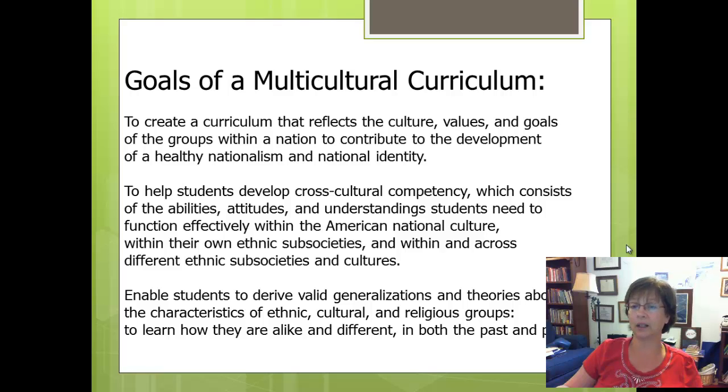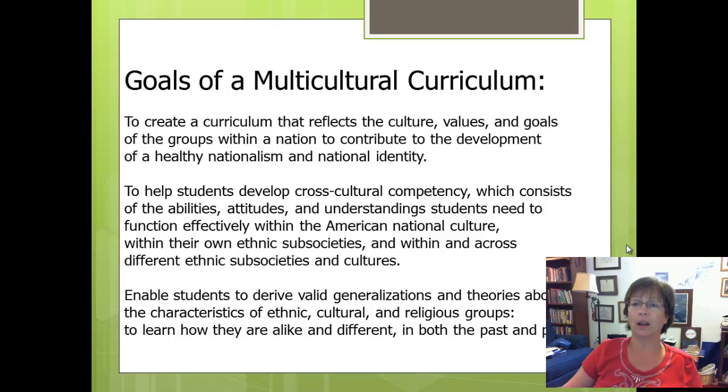Another goal he is saying, again, this is all Banks, is to help students develop cross-cultural competency, which consists of the abilities, attitudes, and understandings students need to function effectively within the American national culture, within their own ethnic sub-societies, and within and across different ethnic sub-societies and cultures. And these are good conversations to have. You know, what are they feeling?